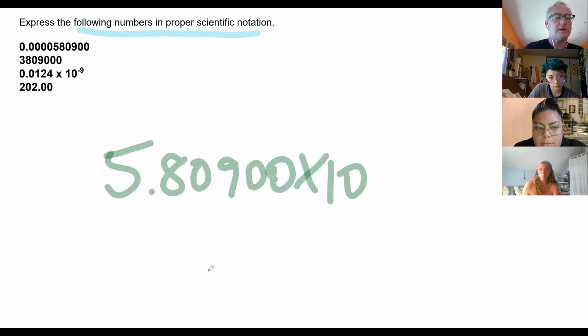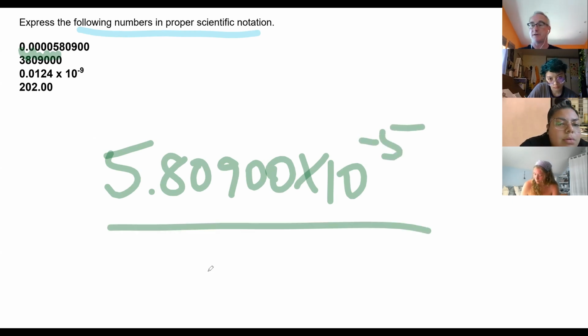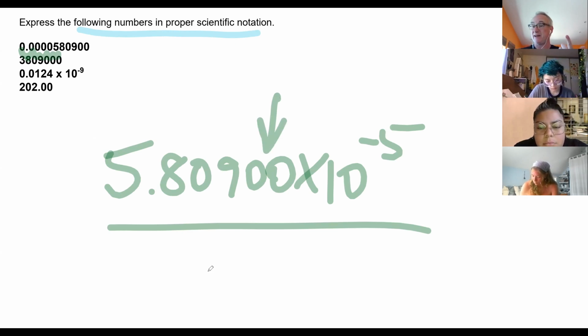Right, we move 5, so negative 5. So that'd be the answer. We have to include those 2 zeros because they're significant.